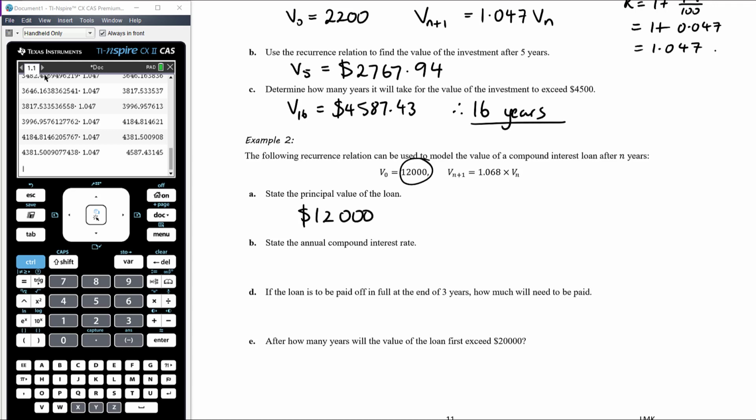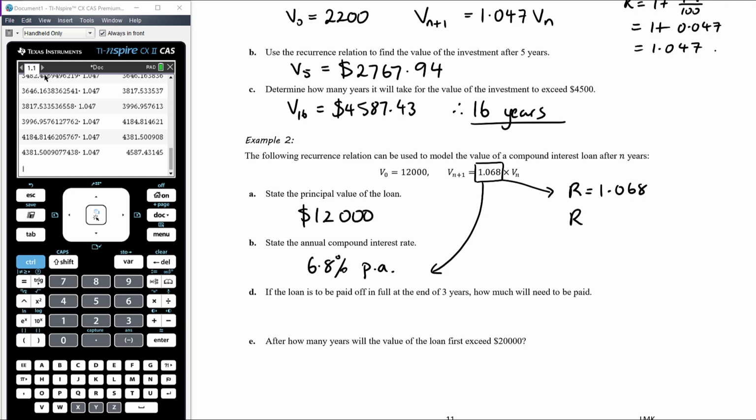State the annual compound interest rate. Okay, so again, we can work with a formula here, but if we understand percentage increase and decrease a bit better than that, we should be able to straight away see that this is a 6.8% increase per annum. If you can't, what you have there is that capital R is 1.068.